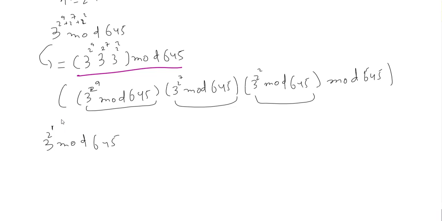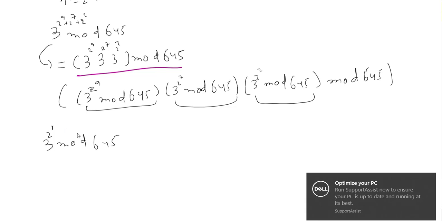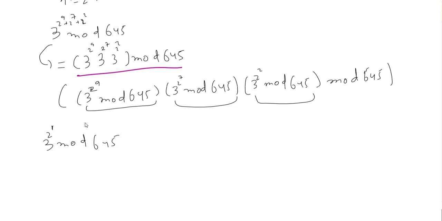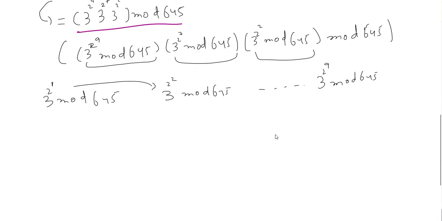And then you keep on calculating, and using this, you calculate 3 raised power 2 raised power 2 mod 645, so on till you find the last one, which is 3 raised power 2 with the power of 9 mod 645. So let's first start with this basic one, which is 3 raised power 2 with the power of 1 mod 645.